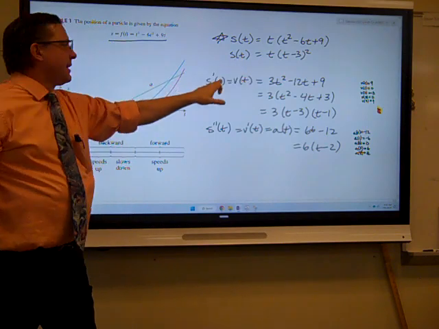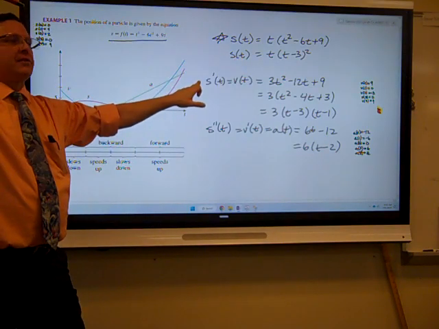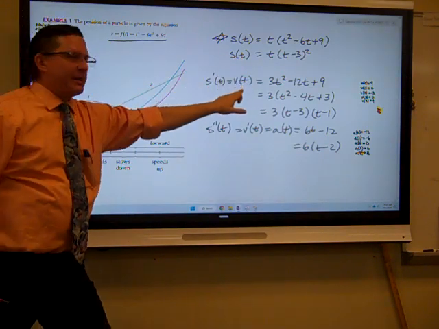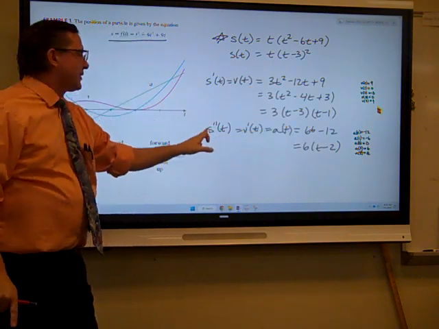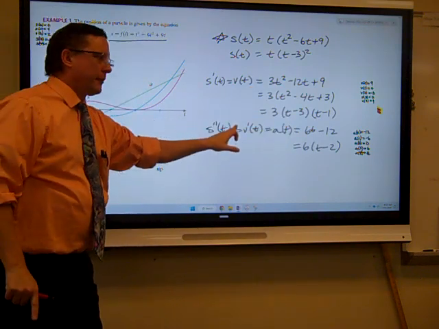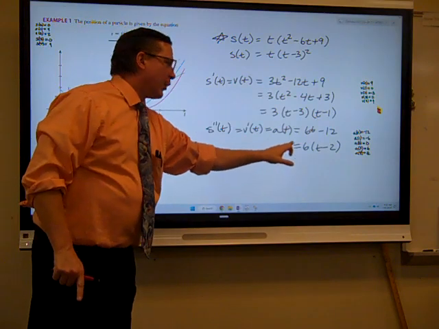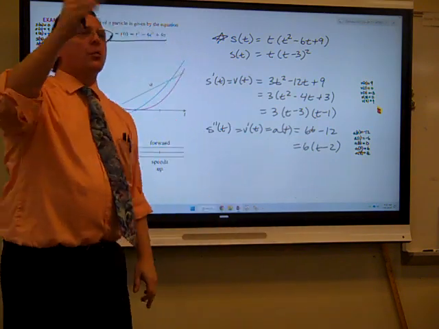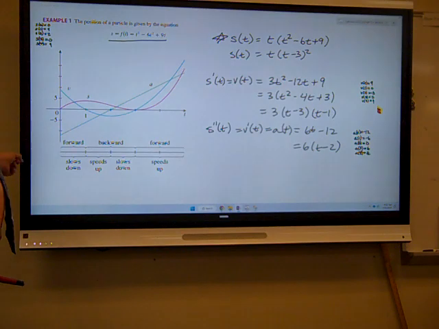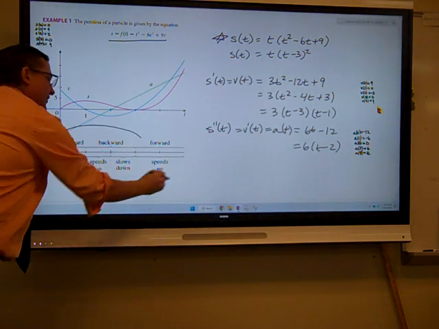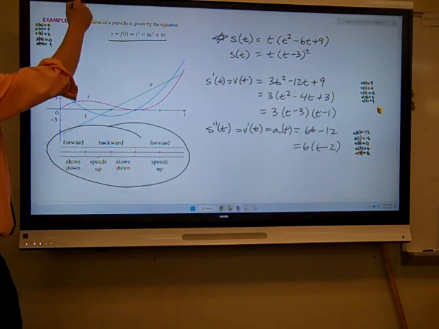I factored it. I took the derivative, and we know that the derivative of position is velocity. Then I factored it. I took the second derivative of position, which is the derivative of velocity, which is acceleration, and then I factored it. We're going to work through each of these functions to the graph, and then talk about these words down at the bottom.